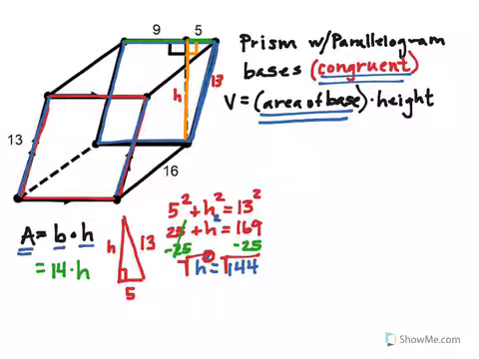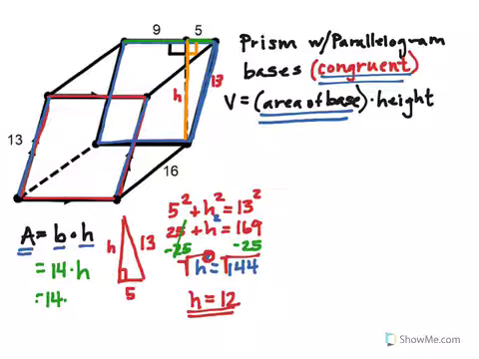And whenever you take the square root, we have to consider both the positive and the negative. Well, that would be h is equal to positive and negative 12. But we're only interested in the positive because we're after a length. So the height is a positive distance of 12.